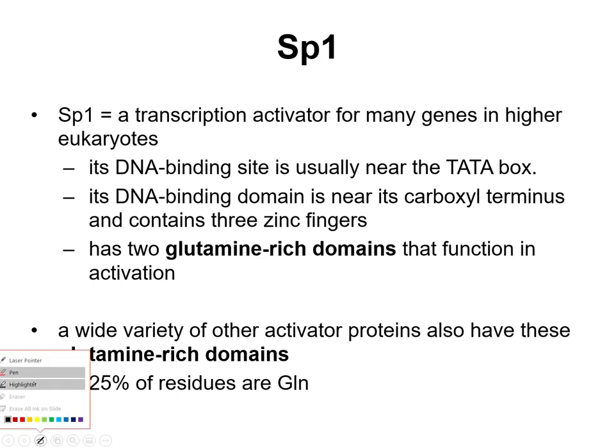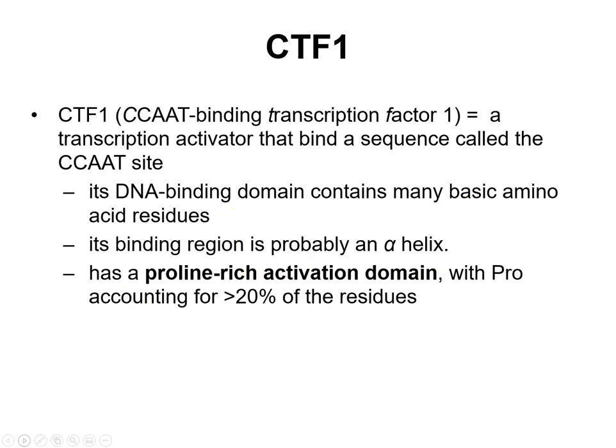Get my highlighter out. So those 3 zinc fingers are near the C terminus. You have to have them to bind the DNA. It's also got a couple of glutamine-rich domains that function in activation. There are lots of activator proteins that also have these glutamine-rich domains, and they're literally a quarter glutamine. That's a lot of glutamine in one little motif.